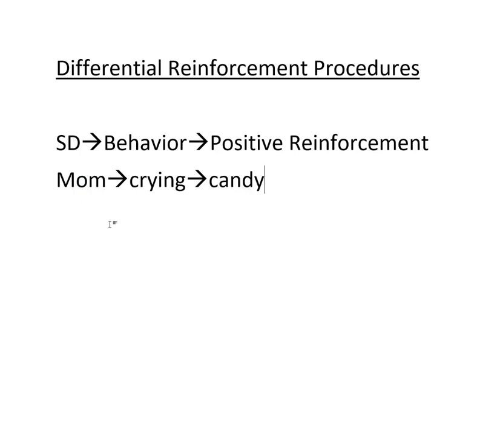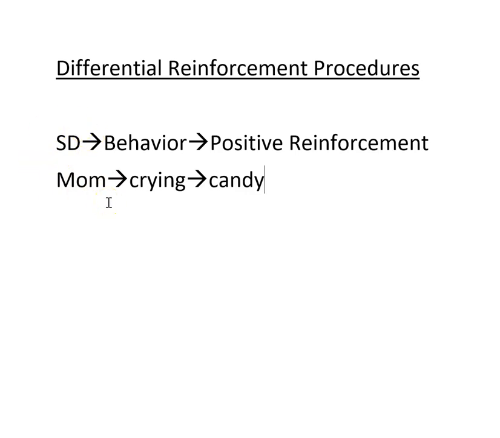Because if grandma was with me, most likely the crying behavior will not occur. Because from previous experiences, grandma is not an SD for candy. Okay. When I cried over and over again, grandma did not give me candy. So the behavior of crying only happens with mom, which is the SD, as we discussed before.